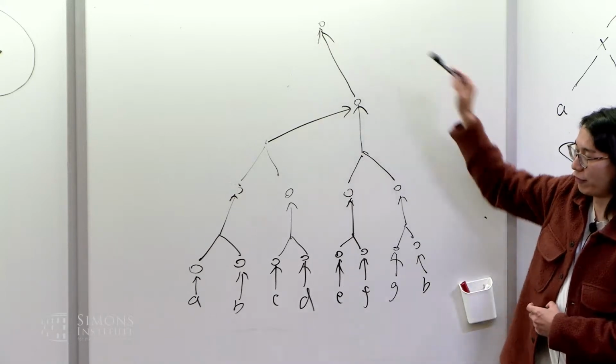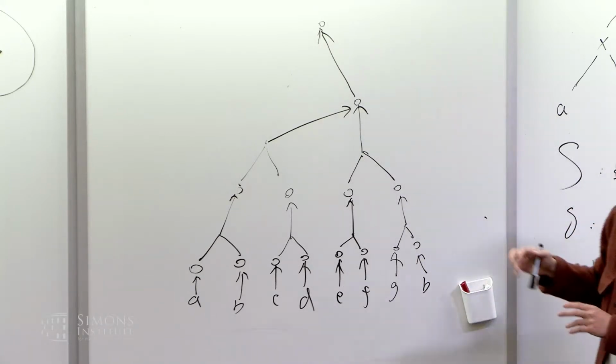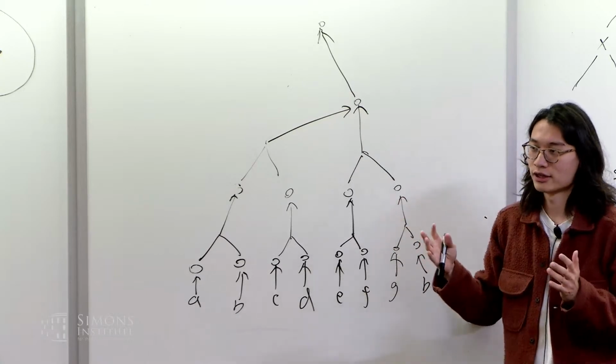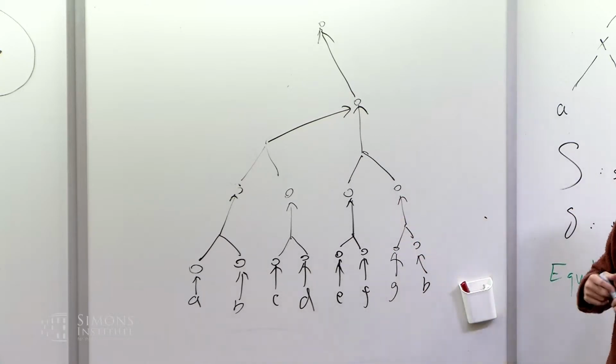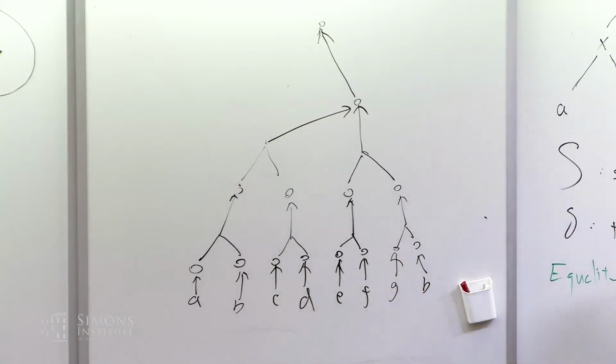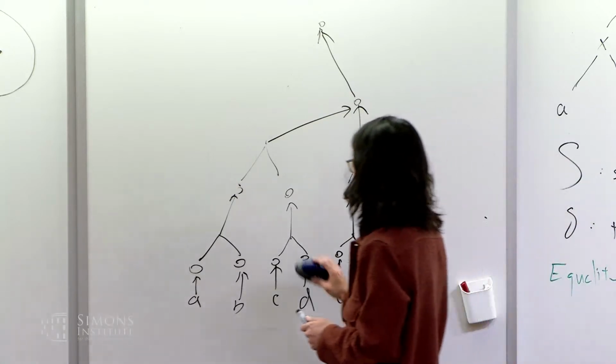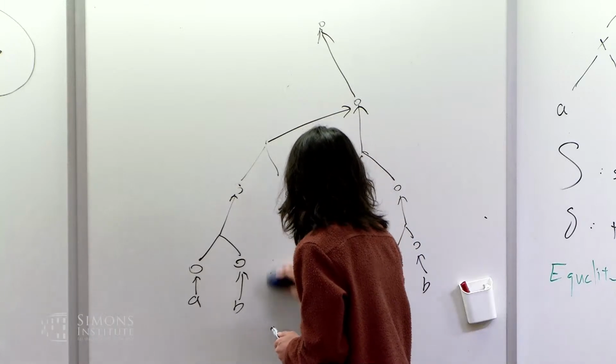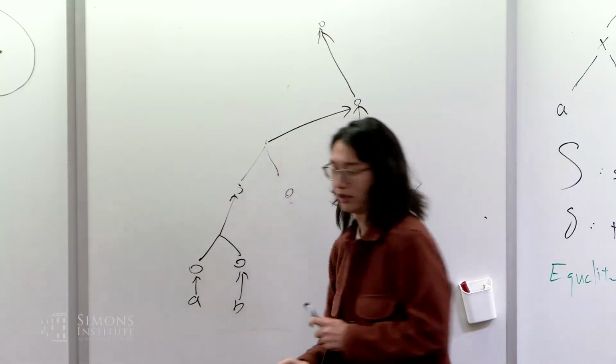So for this case, if we treat the cost as the total cost as a tree, so if we have some more sharing, let's see. So if we have this one over here, a little bit more sharing.